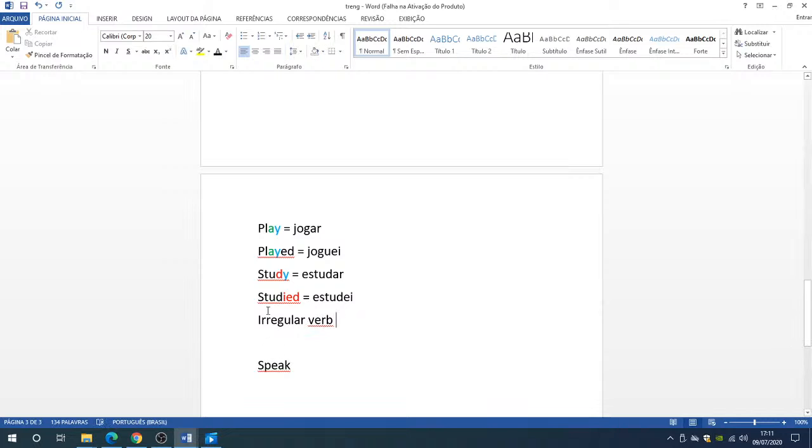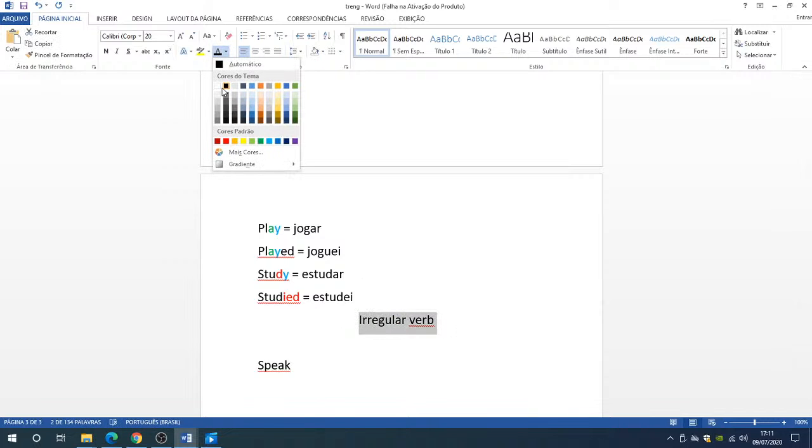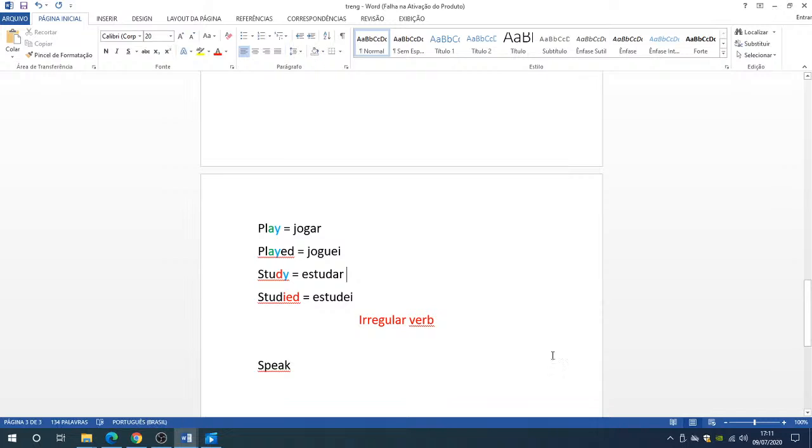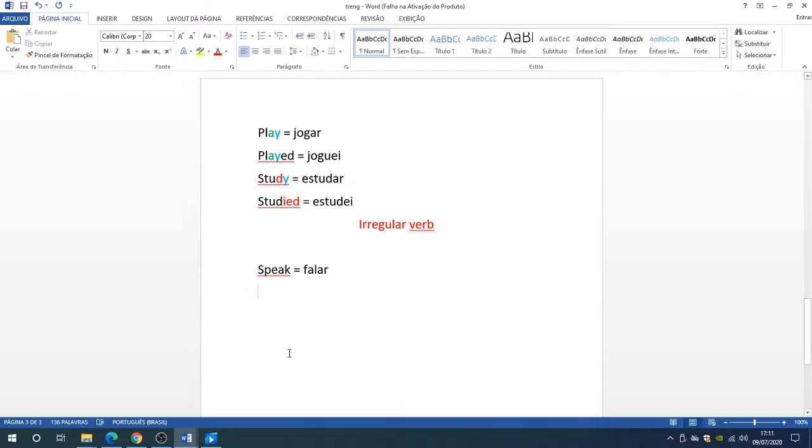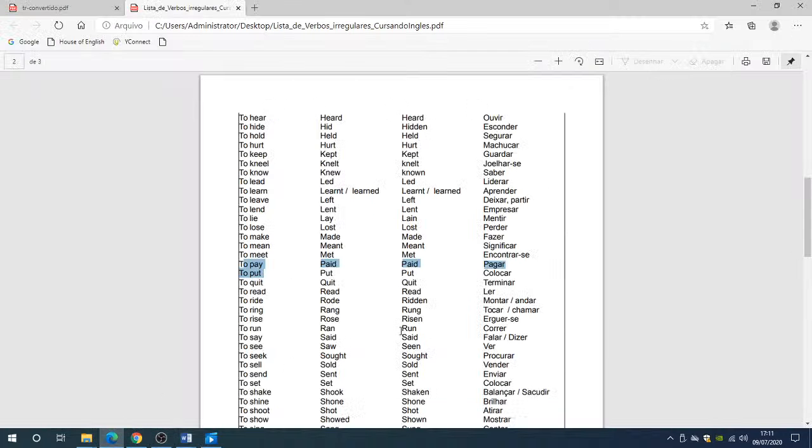Isso aqui é um verbo irregular, irregular verb. Primeiro, vamos entender o seguinte, é o verbo falar aqui. O que vai acontecer com esse verbo por ele ser irregular? Eu vou colocar ed? Não. Jamais eu vou fazer isso. Por quê? Porque ele está nessa listinha minha.